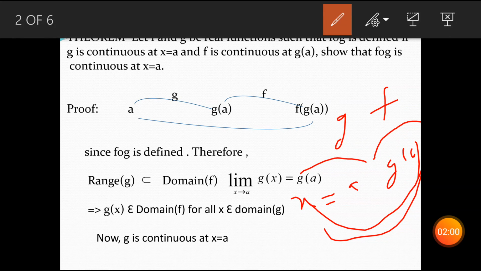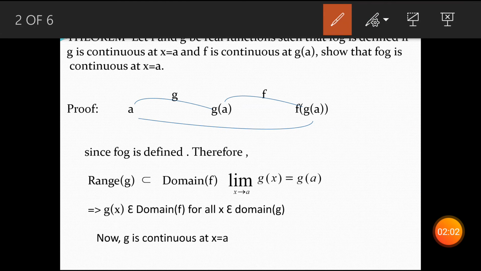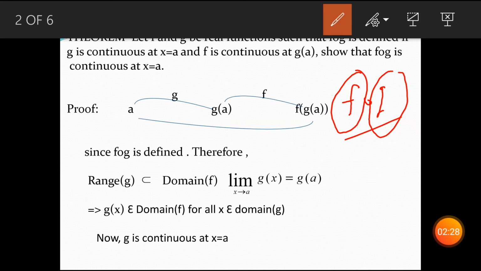Let's see how we are going to prove it. In a theorem, every word is very important. First of all they have said f of g is defined. f and g are real valued functions and f of g is defined. When we say the composition of function f of g is defined, it means that the range of function g is a subset of the domain of function f.